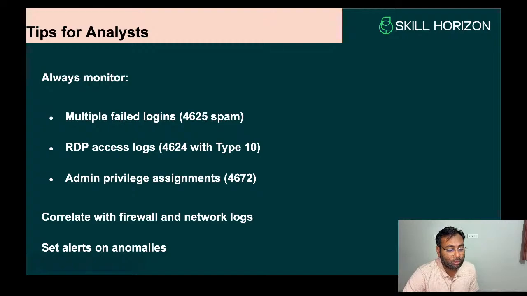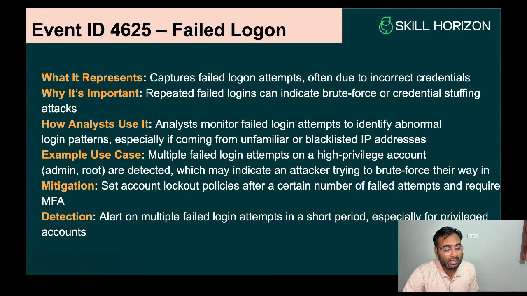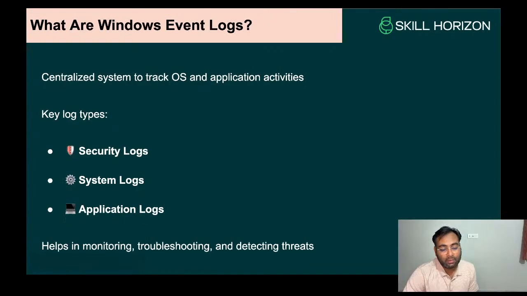You have to monitor those event IDs when you are performing SOC, and we can correlate those event IDs with firewall or network logs, and then we can set alerts on anomalies, right? So in today's session, you will get the idea about the important event IDs, the logon types, and the RDPs.